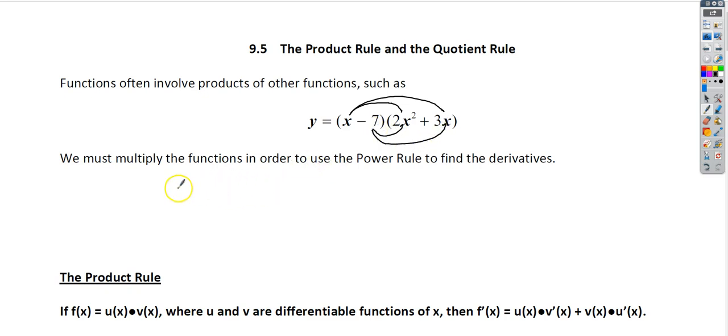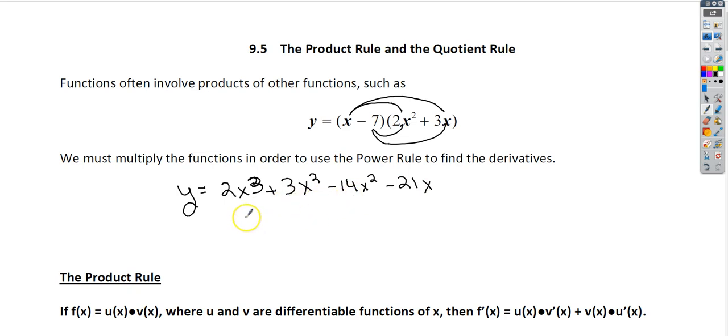So we get y equals, and I'm not taking the derivative yet, I'm just simplifying the problem, plus 2x to the third, x times 2x is 2x to the third, x times 3x is 3x squared, negative 14x squared, negative 21x.